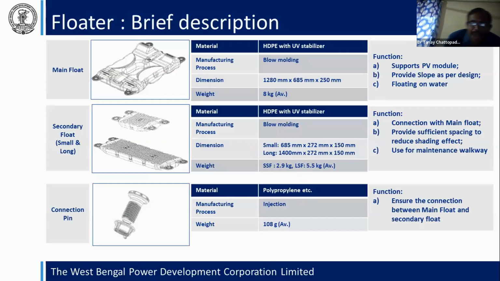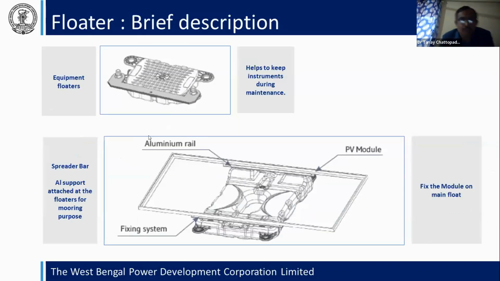And other is equipment floaters, which help the instrument during maintenance, and also there is a spreader bar. This is the spreader bar. This is required for the mooring purpose.